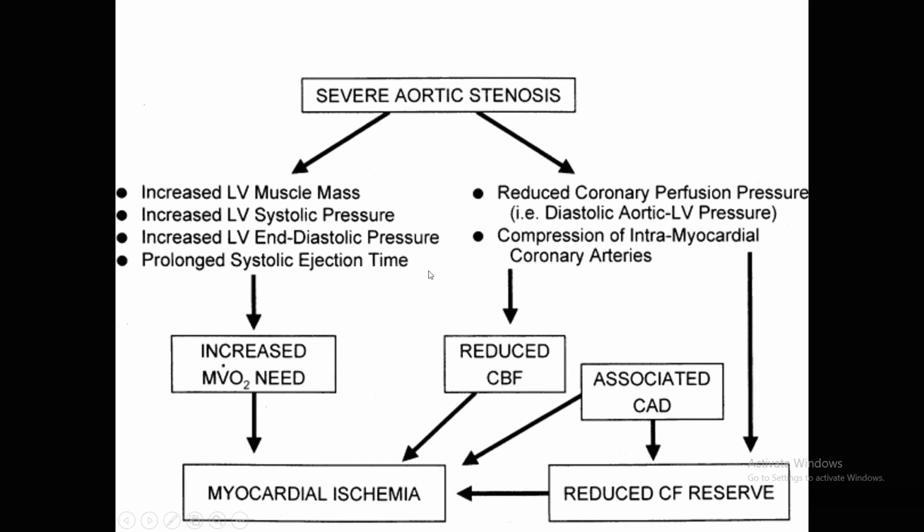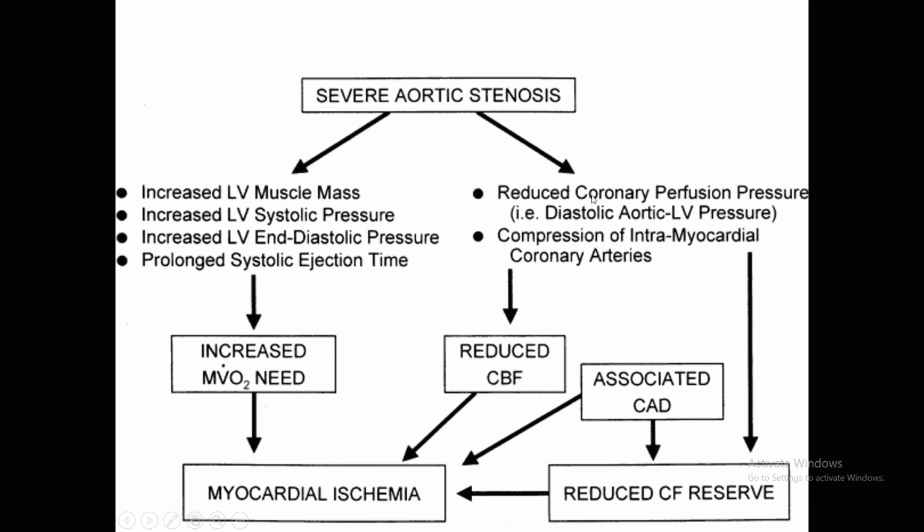The systolic ejection time will be prolonged because of the increased afterload. All this work will generate an increased oxygen need. Thus, a relative myocardial ischemia will be generated in the left ventricle.